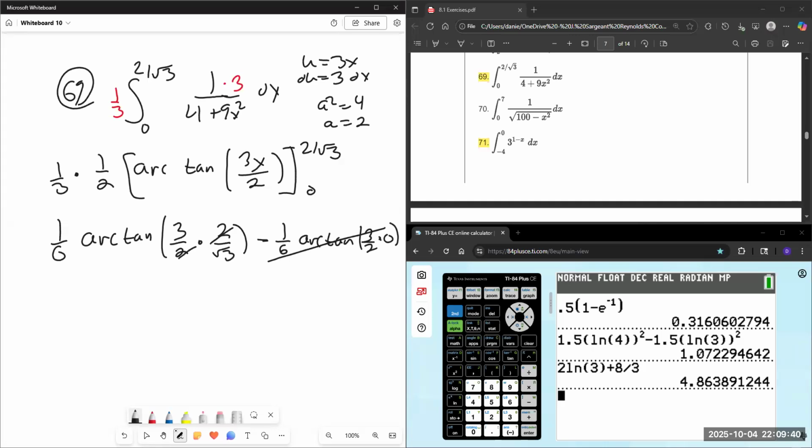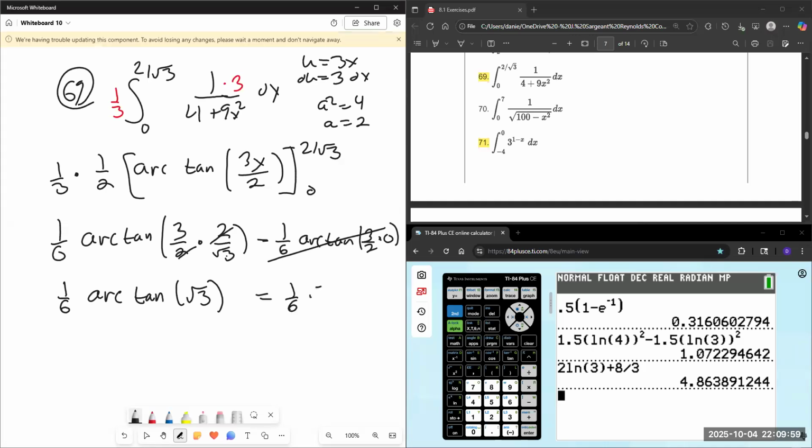The 2's cancel. Root 3 goes into 3 root 3 times, so 1/6 arc tangent of root 3. And arc tangent of root 3 is pi over 3. This is 1/6 of pi over 3, which is pi over 18.